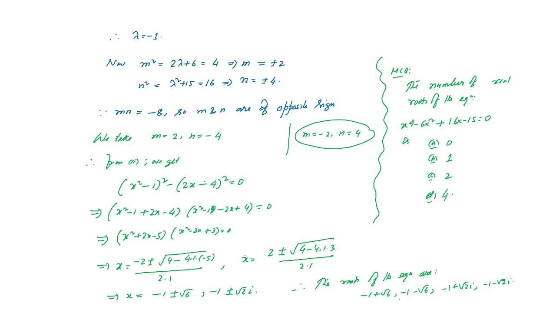So here for the number of real roots, you will see -1 plus root 6 and -1 minus root 6, this is 2, and the other two roots are imaginary. So the number of real roots is 2, and all other options are false.